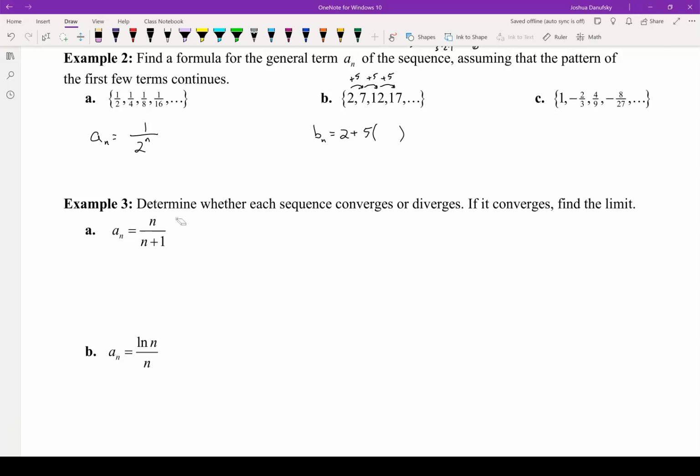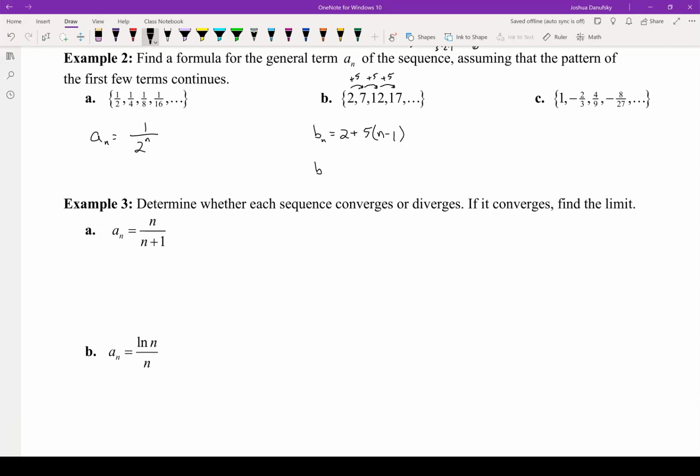So when we plug in a 2 for n, because that's our second term, we want this quantity to equal 1, so we get 2 plus 5 times n minus 1. If you plug in 1 here, you're going to get 0. 5 times 0 is 0, and you just have the 2. If you plug in 2, you're going to get 5 times 1 added to the 2, which gives you 7. If you put in 3, you'll have 2 plus 5 times 2, which will give you the 12, etc.